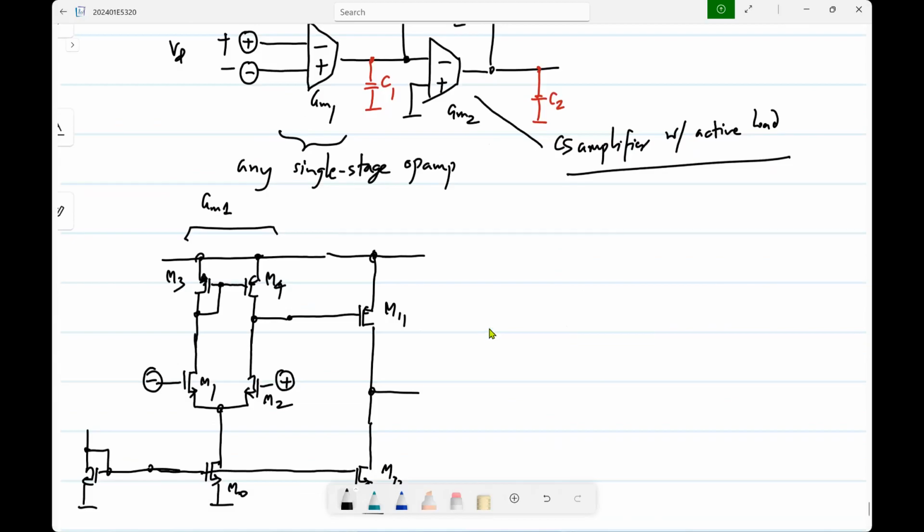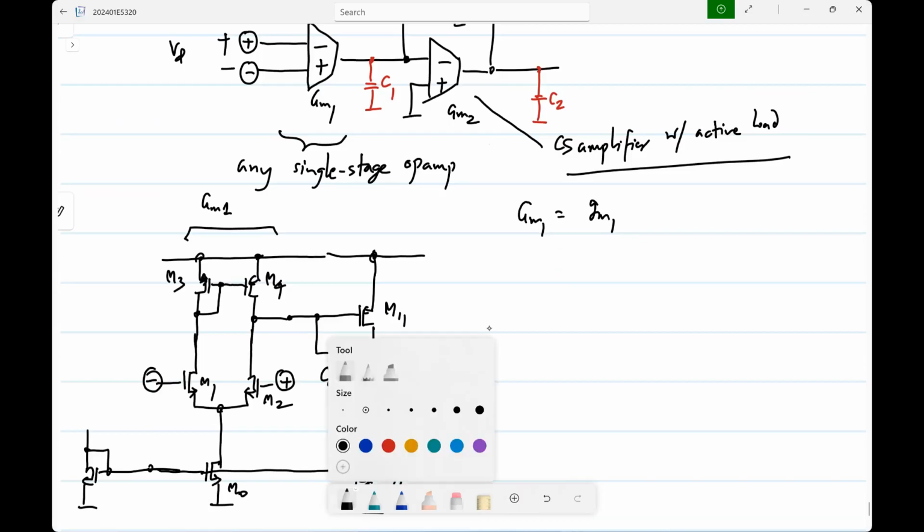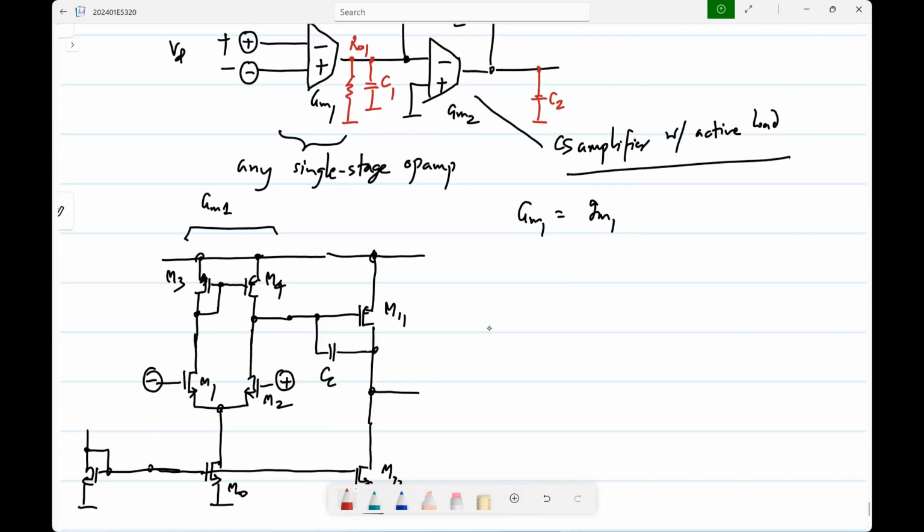So first we can map the parameters of the op-amp to the circuit parameters here. What is this GM1 in terms of the circuit values? It is the GM of the differential pair. And of course, you expect to have some output resistance here.